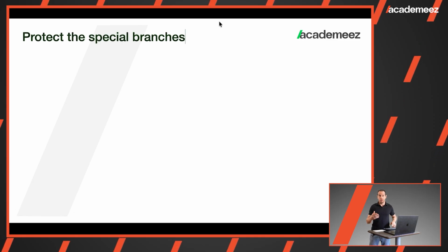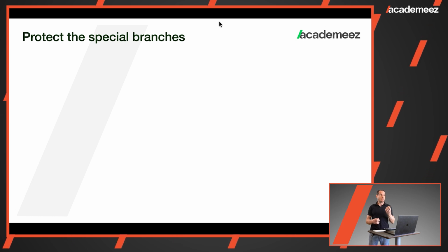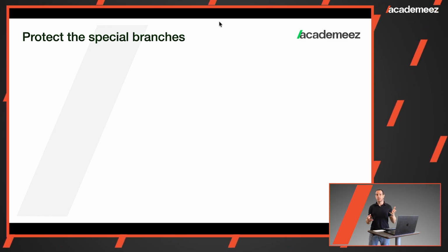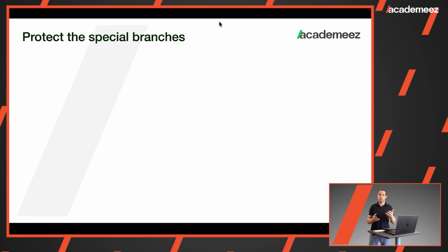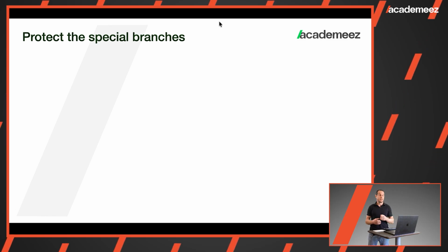So let's talk about adding reliability by protecting your branches. One of the key things you need to do to increase reliability is protect your special branches. So in this course, we have one special branch, which is main. This is our release branch, but of course, every organization has its own needs, and an organization might have different release branches.